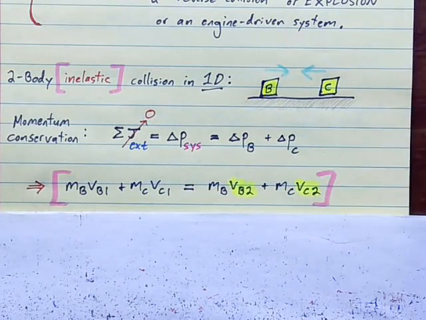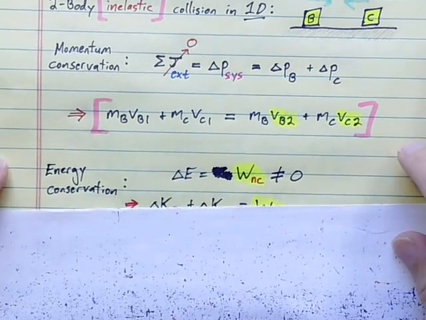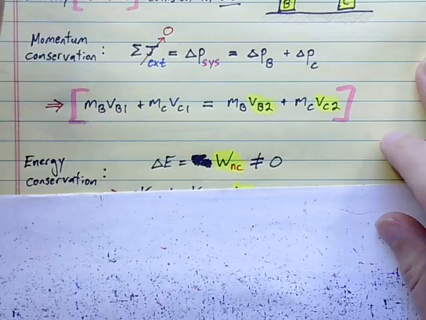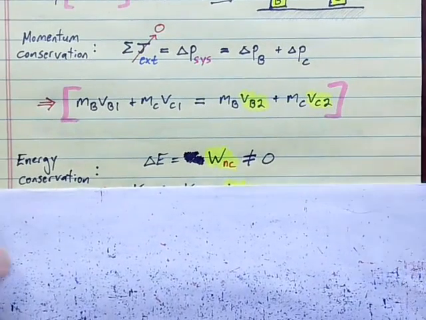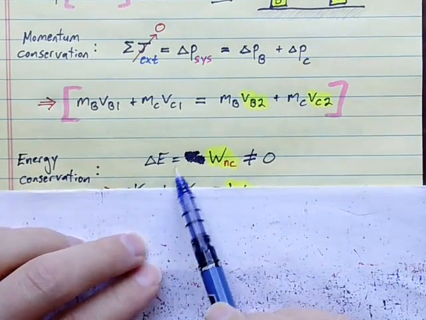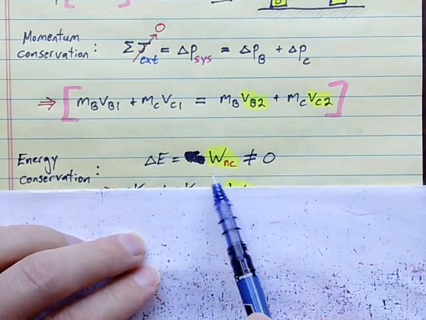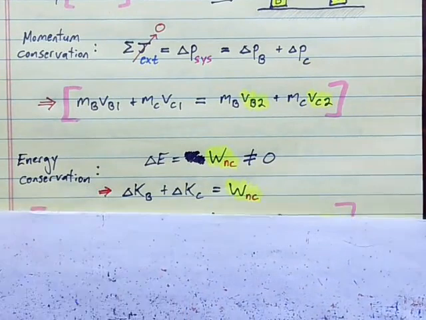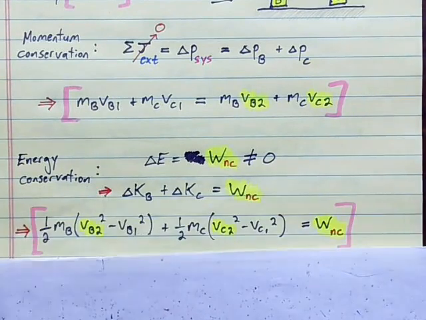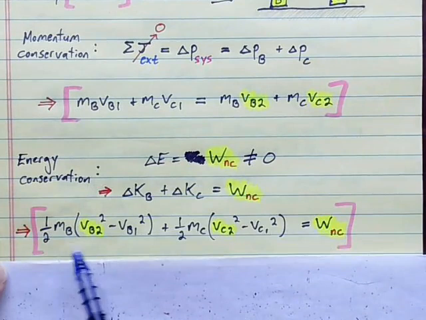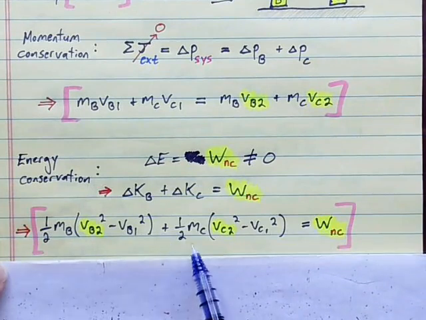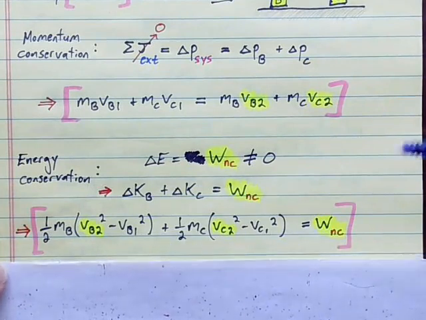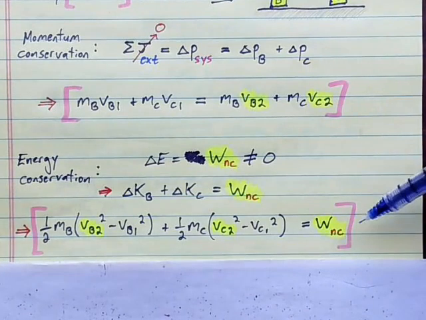So let's express what we can about energy conservation. Our premise this time is that the change in mechanical energy is non-zero because there is non-zero work being done by non-conservative forces. So we could write that the change in B's kinetic energy plus the change in C's kinetic energy equals the work that's done by non-conservative forces during the collision.